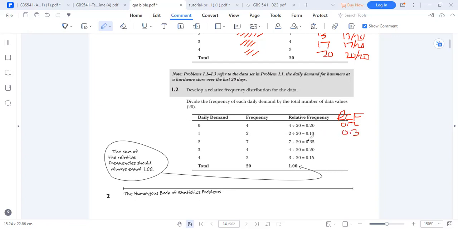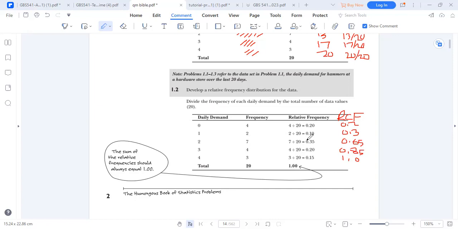Then you add 0.35, you get 0.65. You add 0.20, we get 0.85. Then you add 0.15, we get 1. It's also the same, it's also allowed. So this is how we find the relative cumulative frequency.